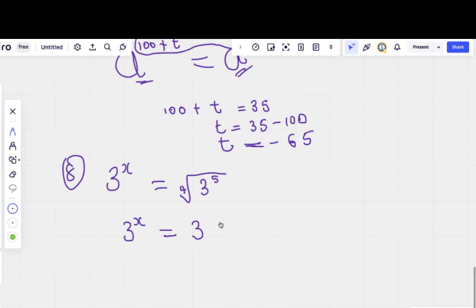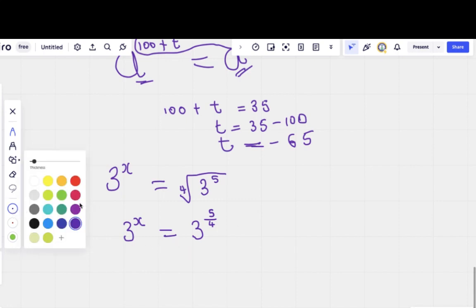The root will always be the denominator. So I write fraction as the power. Whatever is here as the root is the denominator. Whatever is the power is the numerator. Now you see something familiar, right? You can see something very, very familiar. Am I right?